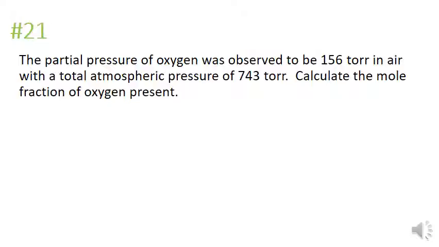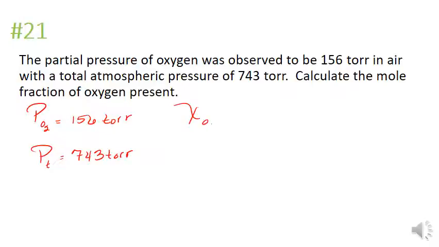We have the partial pressure of O2 is 156 torr, and the total atmospheric pressure is 743 torr. So what is the mole fraction of O2? Well, we can take the partial pressure of O2, divide it by the total pressure, and we'll get the mole fraction. Who's got an answer? 0.21. Yep. Any units? No. No units on mole fractions.